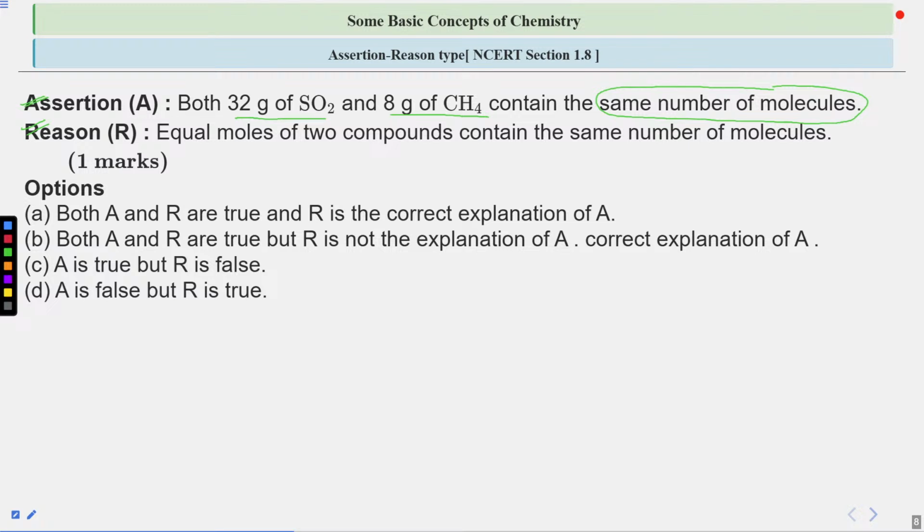You have four options: A and R are true and R is the correct explanation. Second, A and R are true, but it may be possible that your reason is not explaining the assertion. Third, A is true but R is false, and fourth, A is false but R is true.